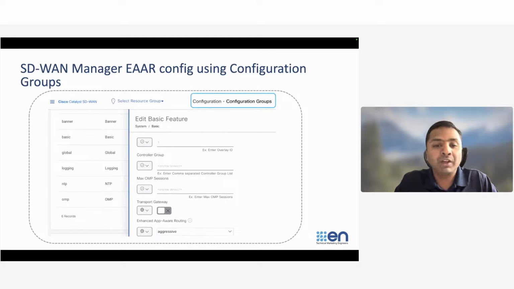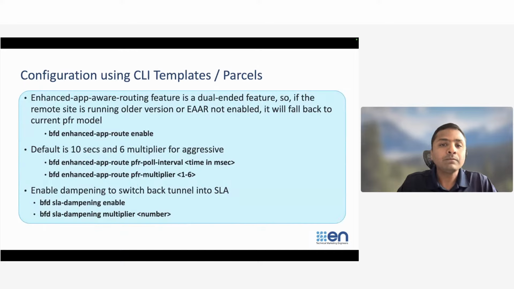Now, if you're using configuration groups, these are added as part of the system profile. Within that system profile bucket, you have a basic parcel, and under that basic parcel, you have an enhanced application aware routing knob, which you can use. Again, you need to turn this feature on both ends.